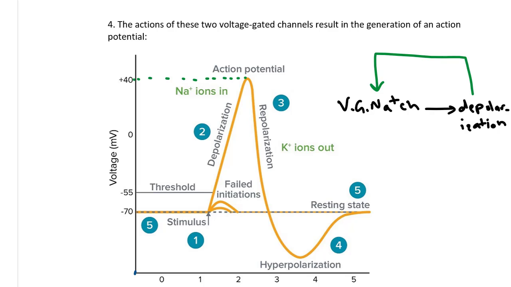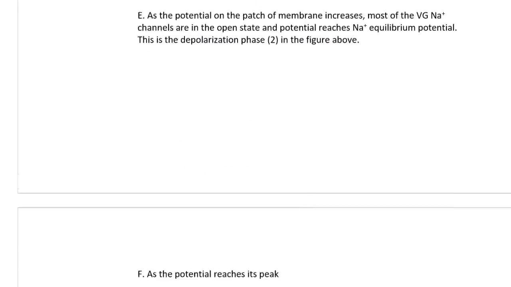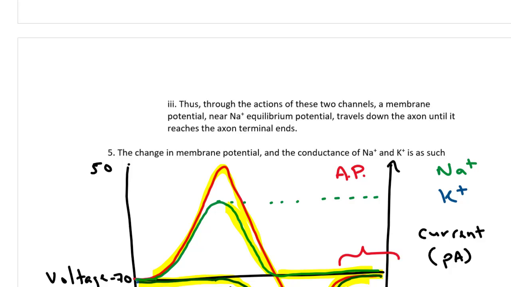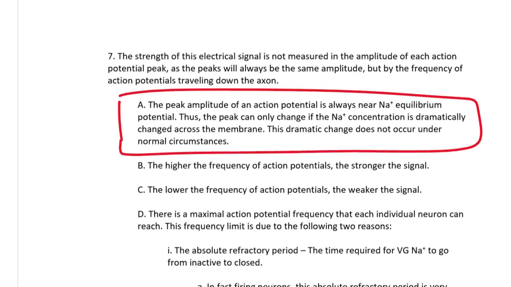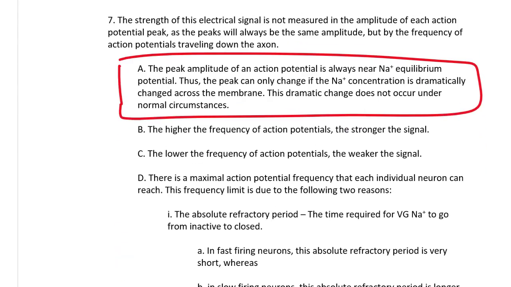Now, this is a signal. What's the difference between a strong signal and a weak signal? The strength of this electrical signal is not measured in the amplitude of each action potential peak, as the peaks will always be the same, but the frequency of these action potentials traveling down the axon.